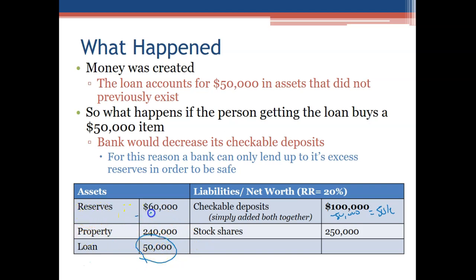So I'd subtract $50,000 over here, and I'd be left with $10,000. This $10,000, you remember, was the required reserve. And it's for this reason that banks only lend up to the excess reserve, in order to be safe, so that if it all gets withdrawn, they still meet that requirement.